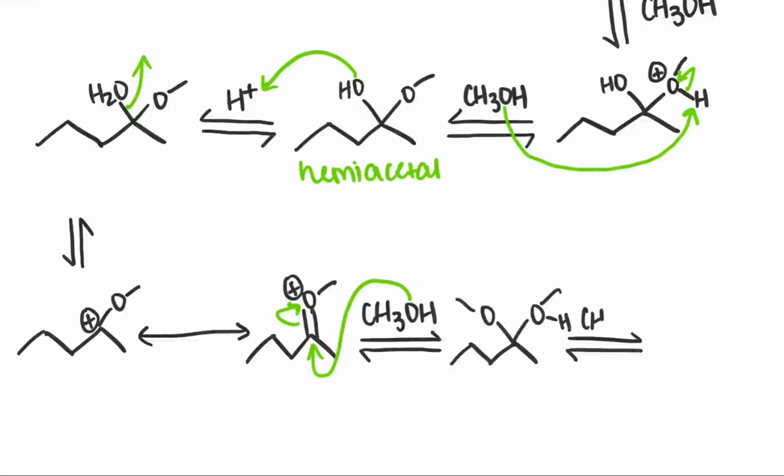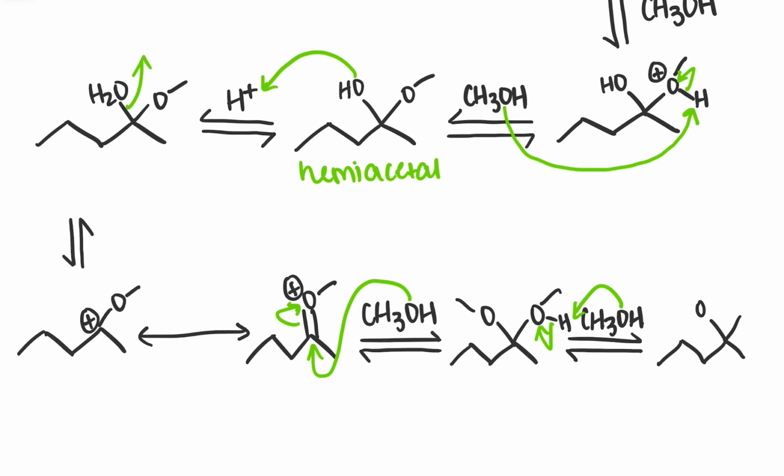Finally, we are going to add one last equivalent of our alcohol in order to deprotonate the group that we added in the step prior. Finally, we are going to be left with our acetal, that product that we were hoping to get to in the beginning.